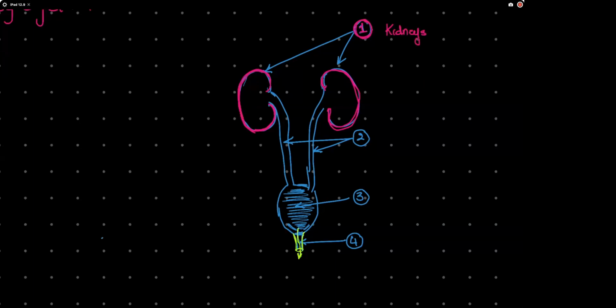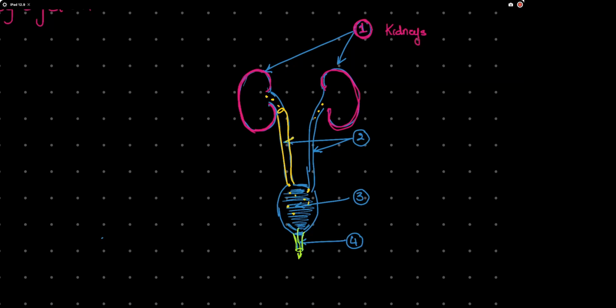The kidneys, if you remember, are responsible for the filtration of the blood and the formation of the urine. The urine gets formed in the form of tiny little droplets, which move from the kidney towards those muscular tubes, which will carry the urine droplets all the way from the abdominal cavity down to the pelvic cavity, for those urine droplets to be accumulated and stored in another muscular sac.